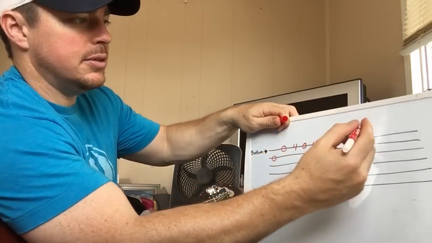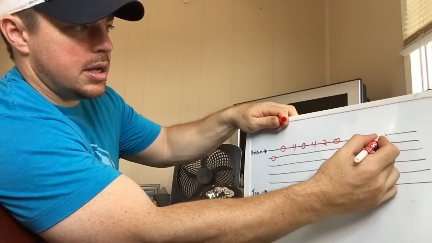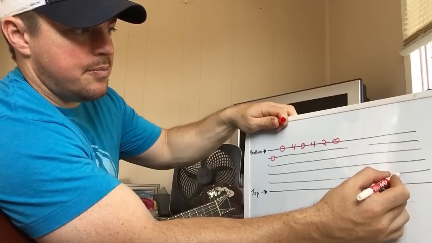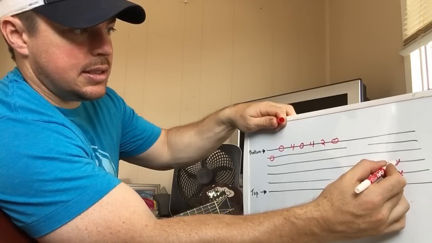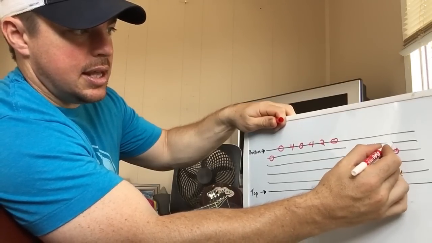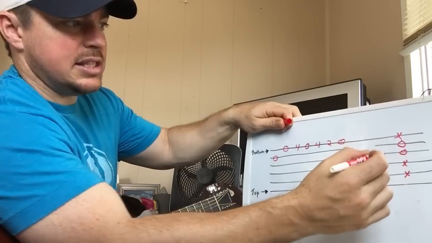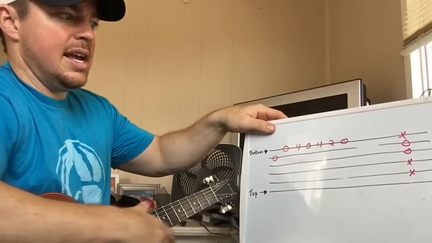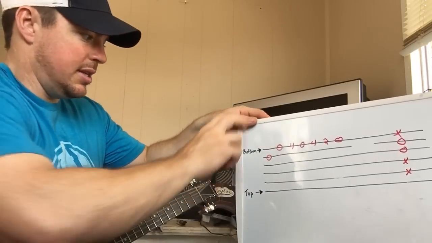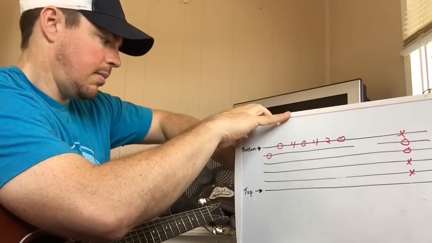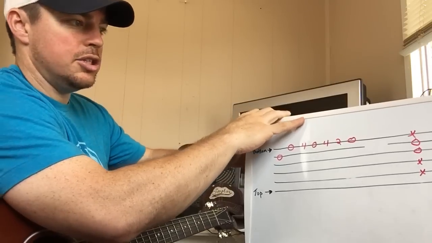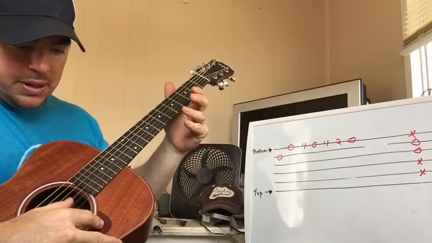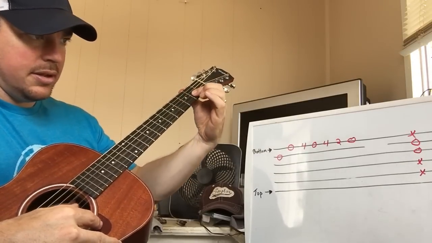If you have X, X, these two, and it's lined up and down like that right there, then you're going to play just those two strings, just those two strings right here.